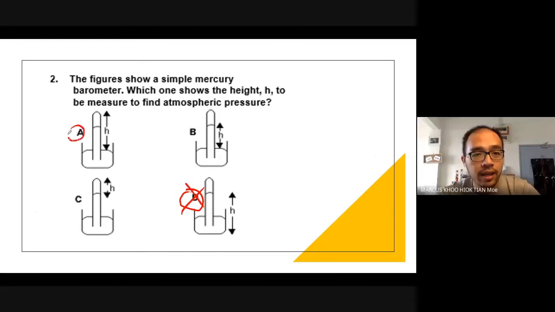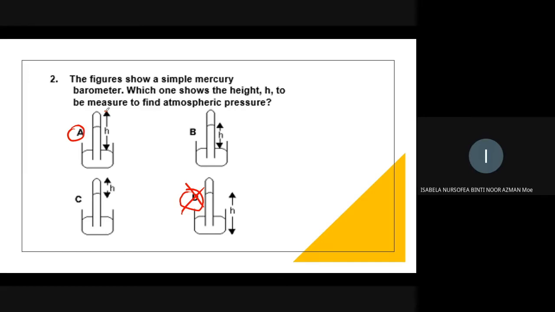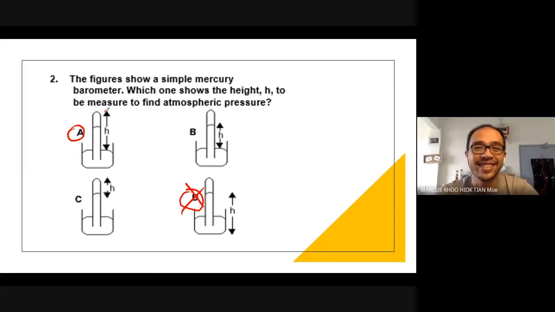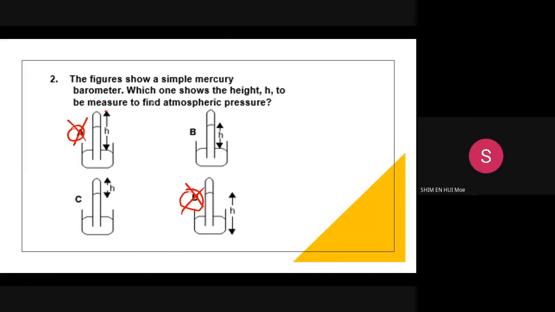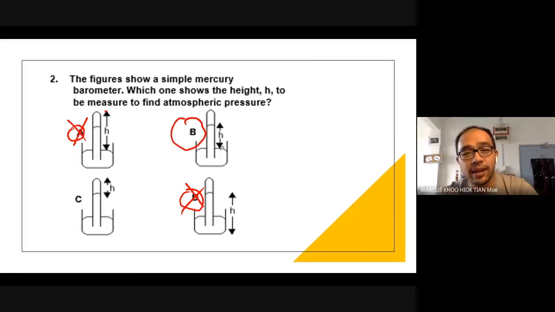A. From the surface over here all the way to the top. Atmospheric pressure. B. Are you going to guess all the letters? B, yeah, the answer is B. From the surface of the mercury until the height of the mercury only. So this is the atmospheric pressure. Careful with this.